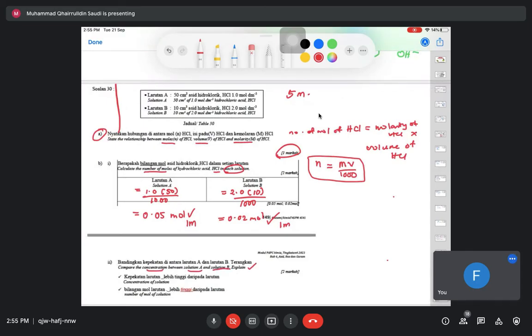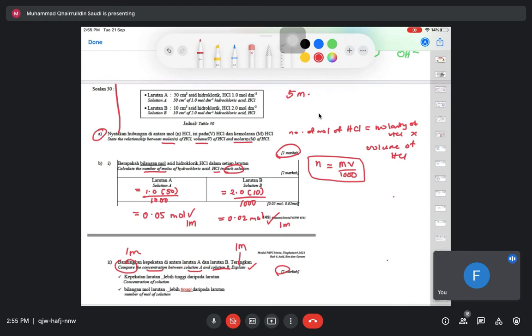Compare ni 1 mark, explain another 1 mark sebab tu total is 2 mark. So the concentration, bagi tahu dulu lah, compare the concentration. Solution mana lebih tinggi daripada solution mana? Concentration. Yes.